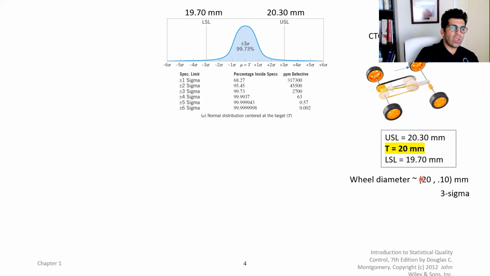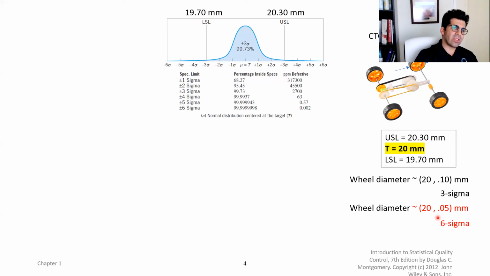So 20 plus 3 times 0.10 is going to be actually my USL. So this distance is 3 sigma. 20, the target, plus 1, 2, 3 of these 0.10s is going to be 20.3, which is my USL. So I am producing in 99.73%. I'm producing in 3 sigma basically.